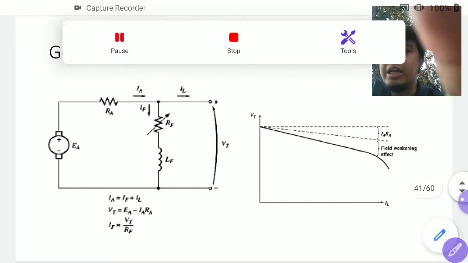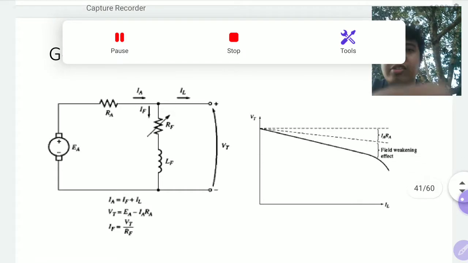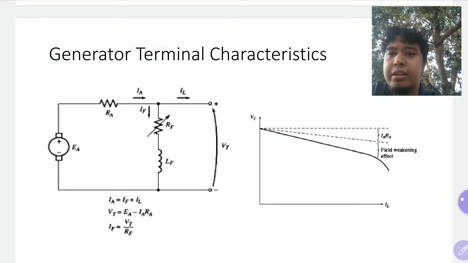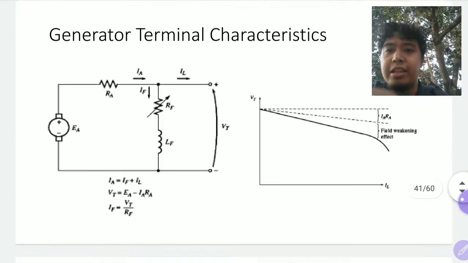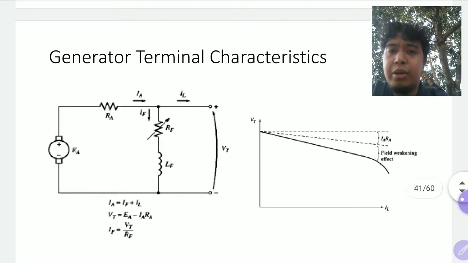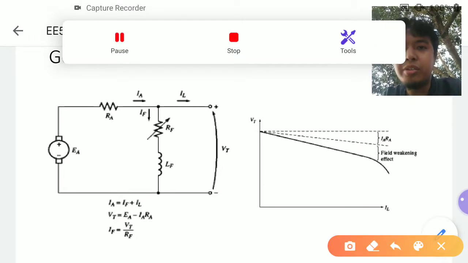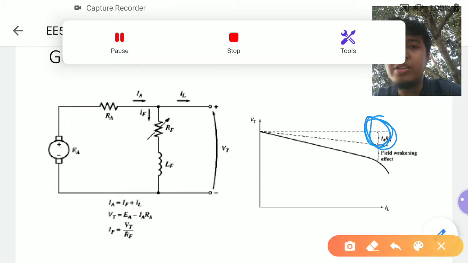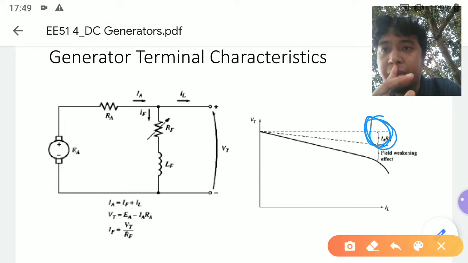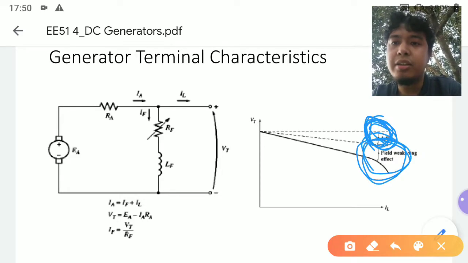So this is for the shunt generator. It's almost the same as separately excited. However, there's a further consideration: aside from this voltage drop, we also have a field weakening effect.